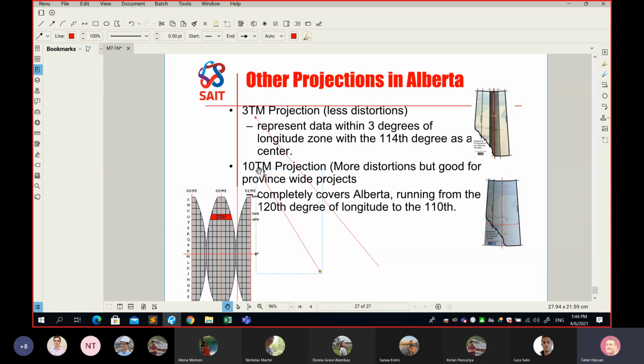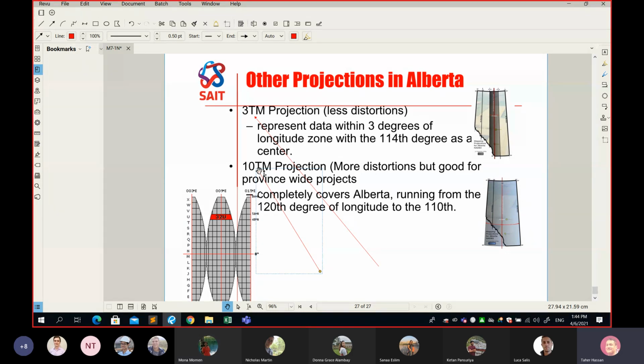And I know some of you right now are questioning why this is happening. Why do people want to create something like 3TM and something like 10TM? Here is the answer. I'm asking you, 3TM means the zone is 3 degrees wide. Which one will have more distortion, UTM or 3TM?